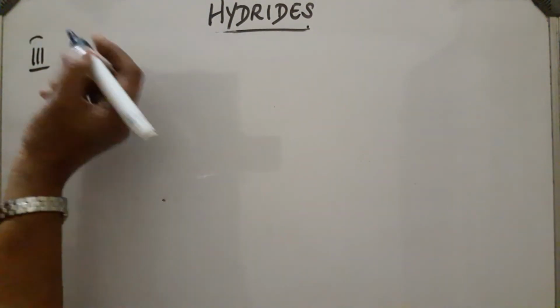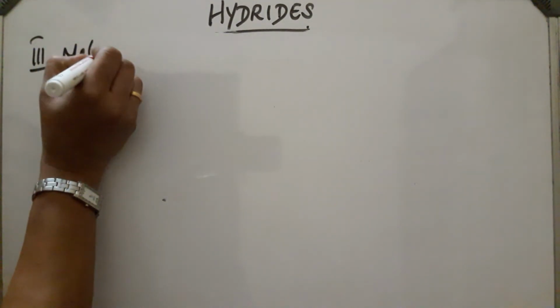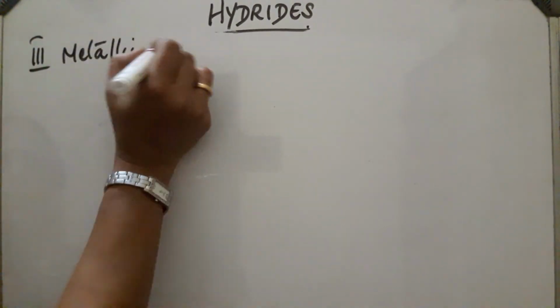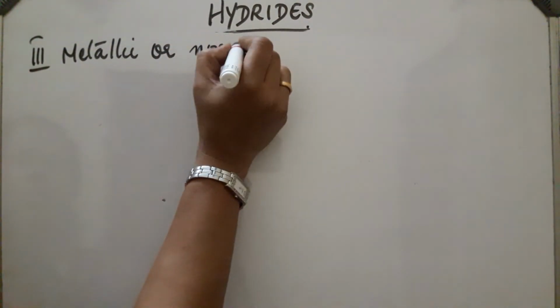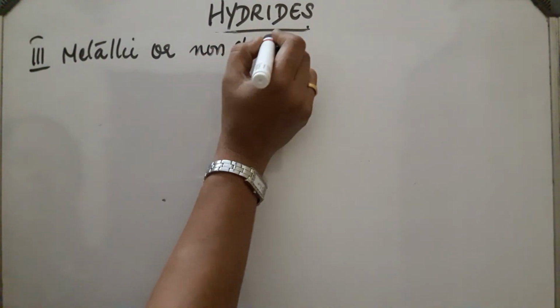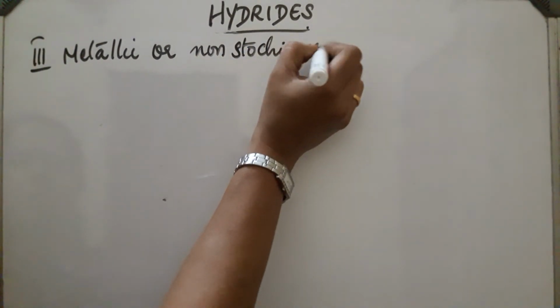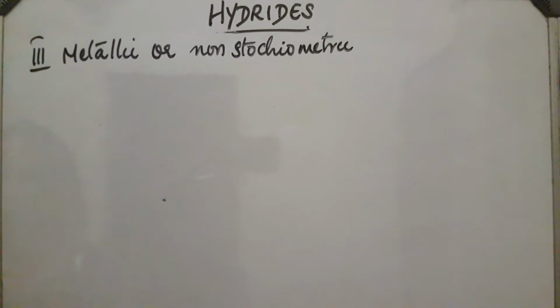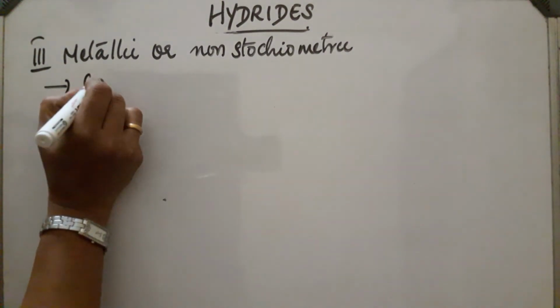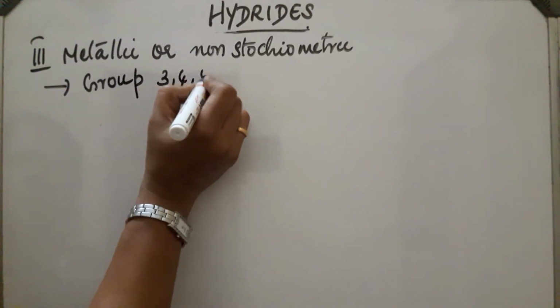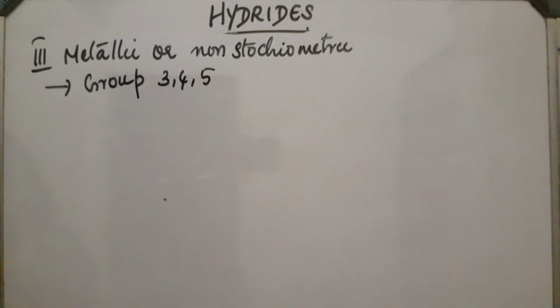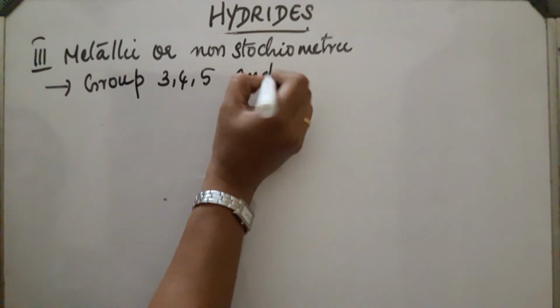Third type, metallic or non-stoichiometric hydrides. Okay. This contains group 3, 4, 5, that is d block, and f block elements.